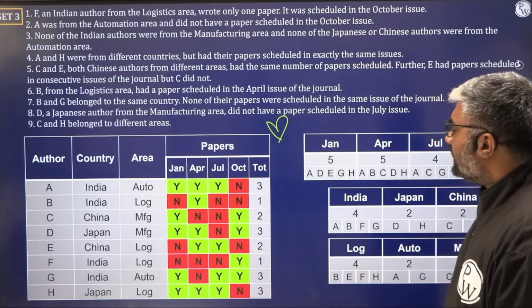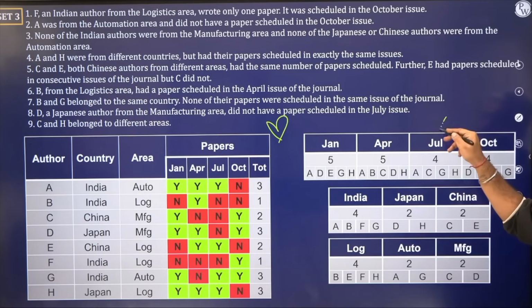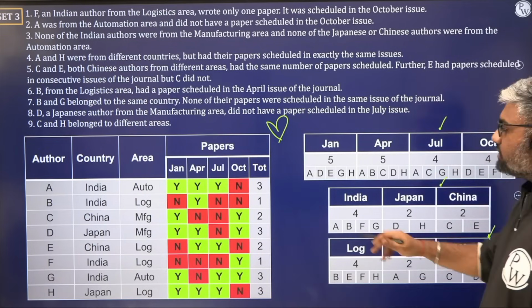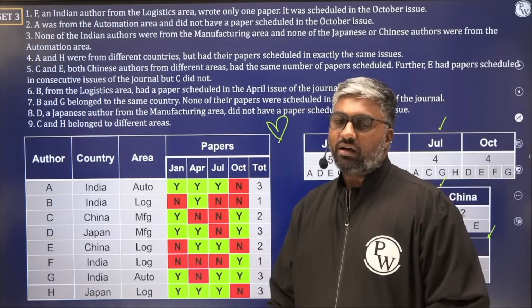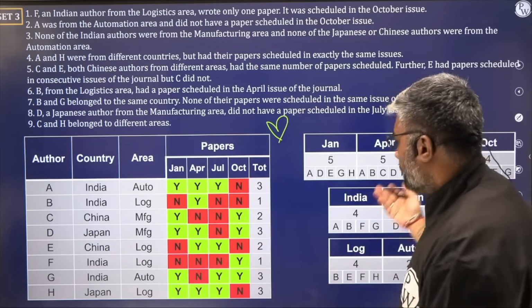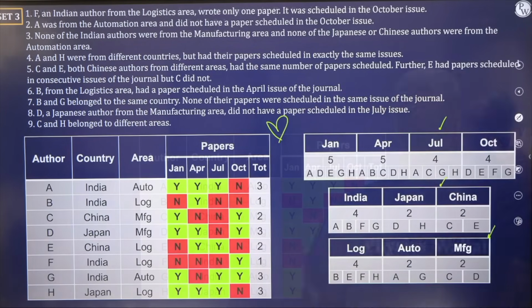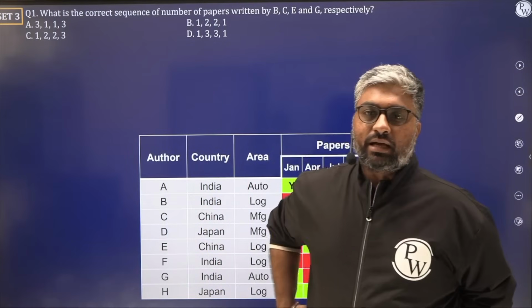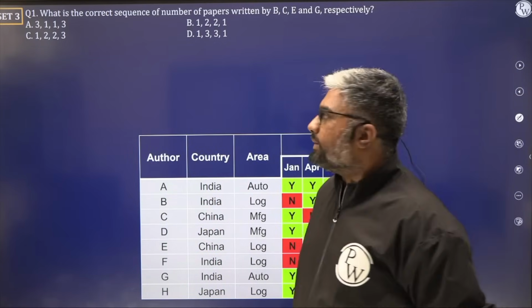We no longer need this or this or this because whatever is mentioned here is already here. But if and when need arises, we can bring them back. Okay? Now that our bay is ready, we can get on with the first question.